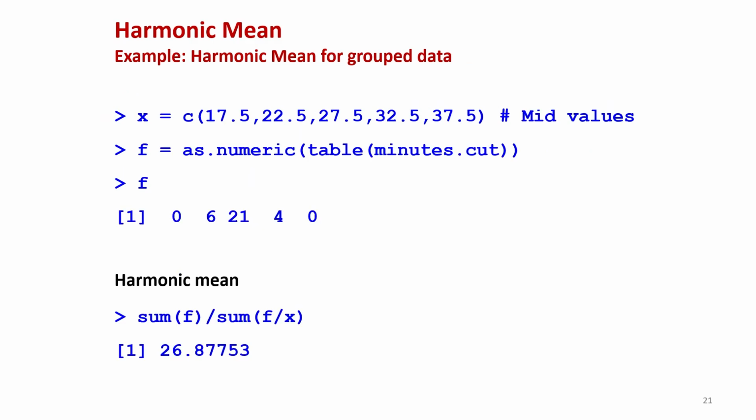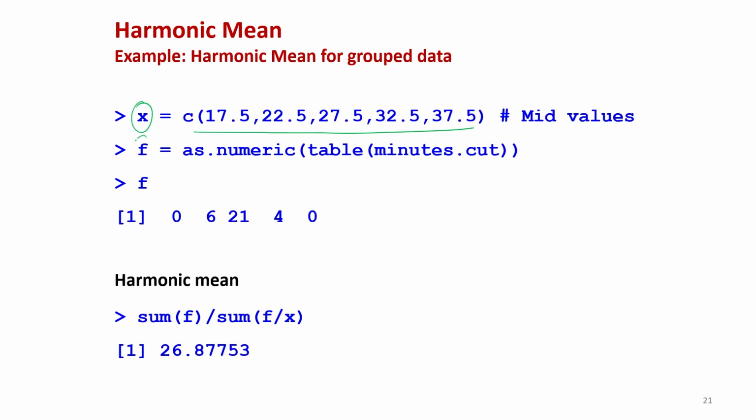Now if I consider this data as continuous data, then you know that we need to create the frequency table from where we obtain the mid values of the class intervals, which are stored in the data vector x, like 17.5, 22.5, and so on. Then we need the data vector of the absolute frequencies.